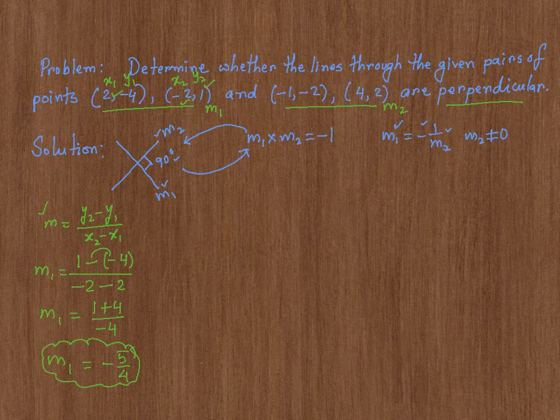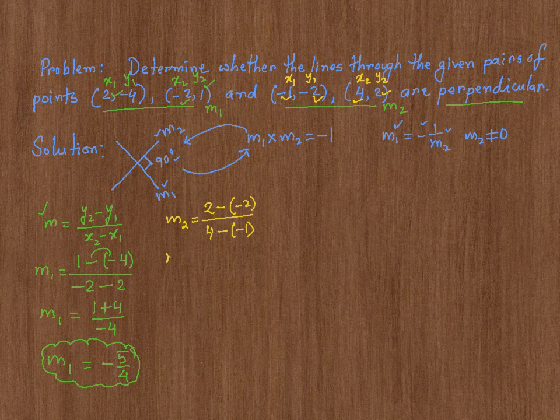Now we go ahead and find m2. So my m2, I'm labeling this one x1 y1 for m2, x2 y2. So my m2 is going to be y2 minus y1. y2 is 2, 2 minus y1 is negative 2, which is this. x2 is 4 minus x1, which is negative 1.